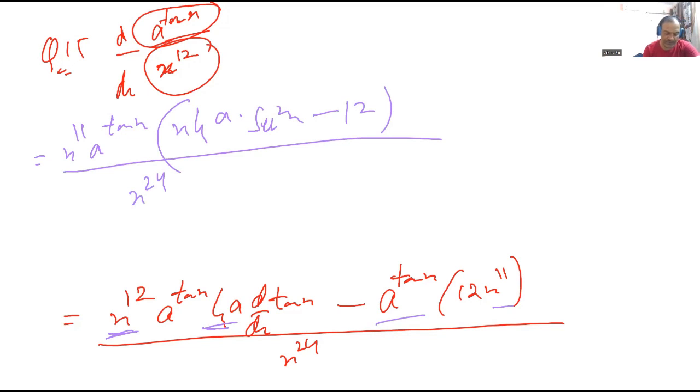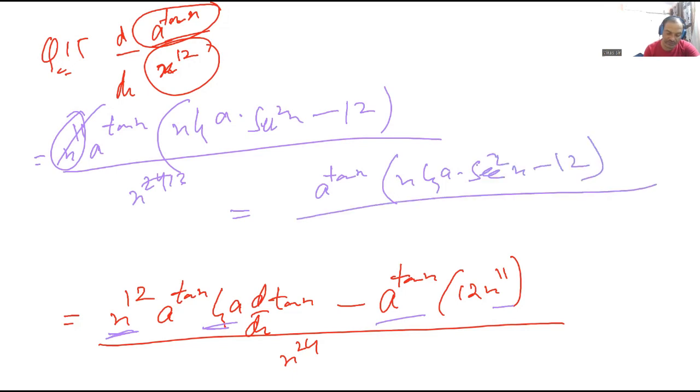And if I bring this down, x power 11 down, and cancel out this 24, I will be left with 13. Therefore, your answer will be a raised to power 10x bracket x log a sec square x minus 12 over x raised to power 13.